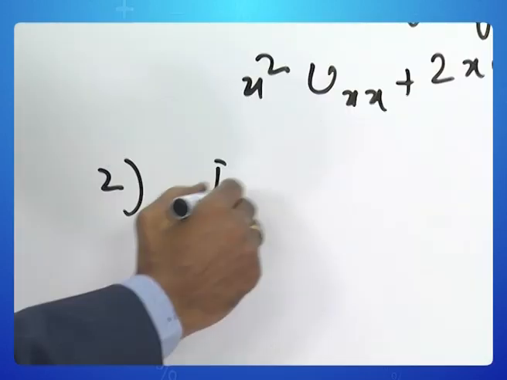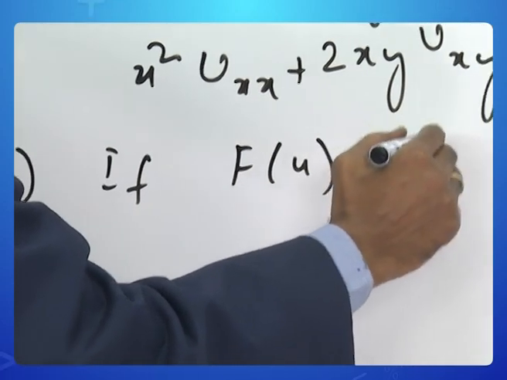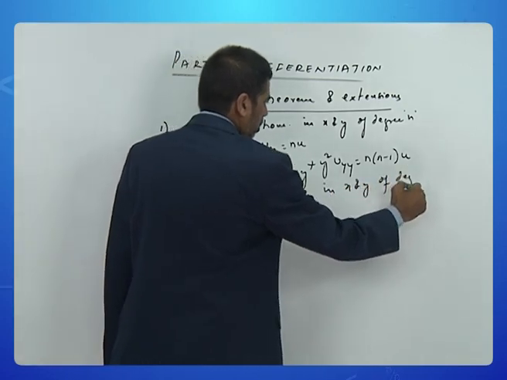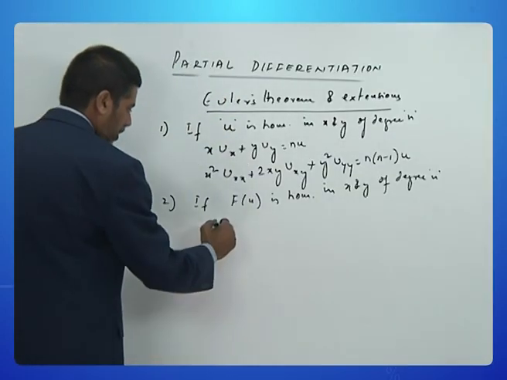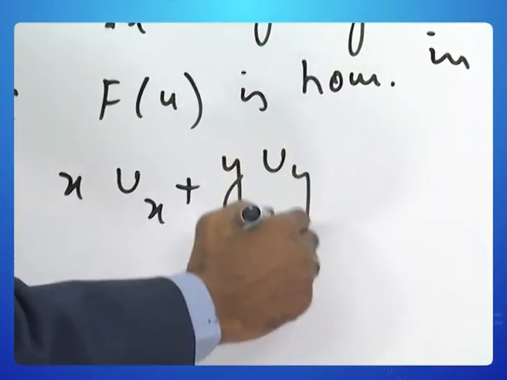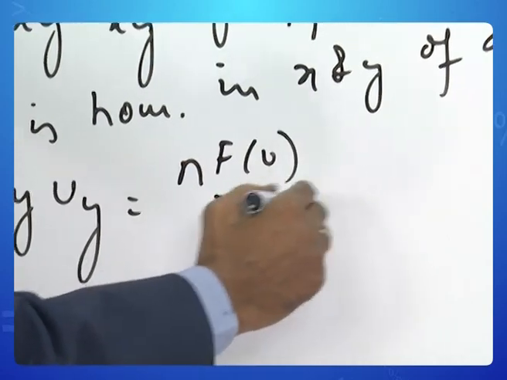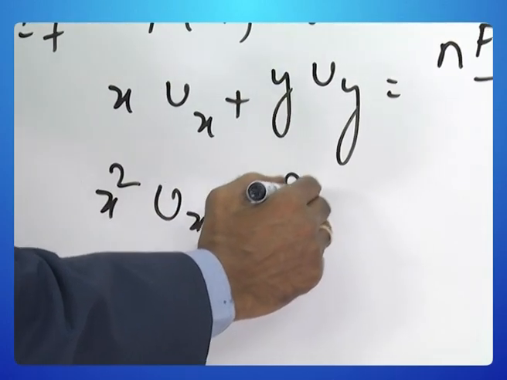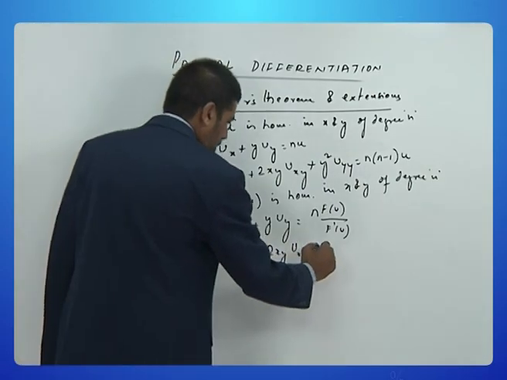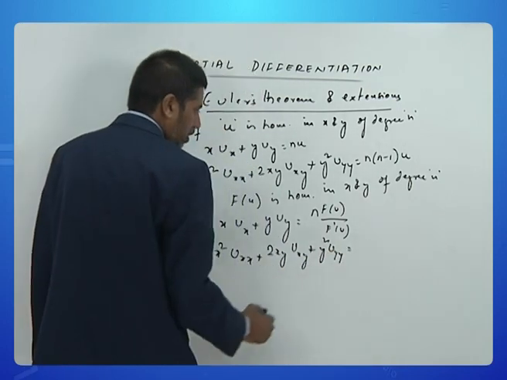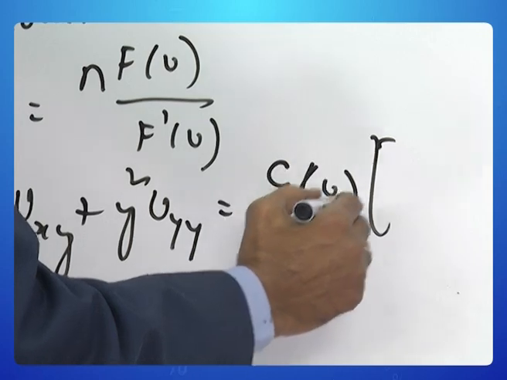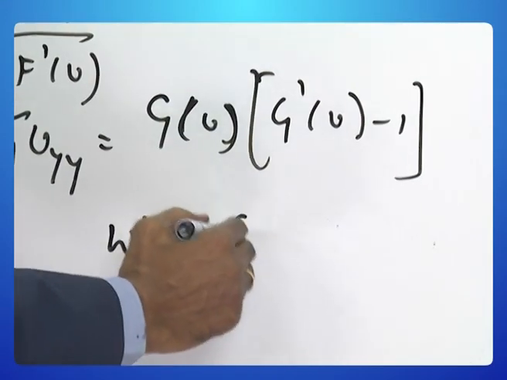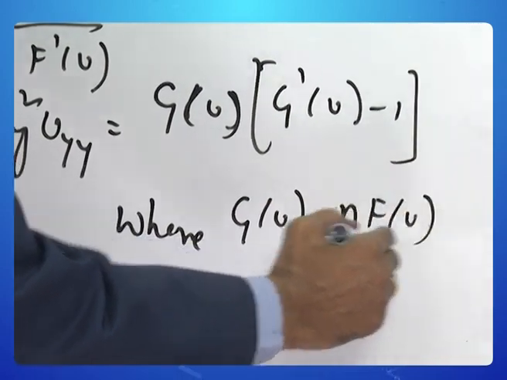We have another result which says, if f of u is homogeneous in x and y of degree n, x u_x plus y u_y is equal to n f of u by f dash u, and x squared u_xx plus 2xy u_xy plus y squared u_yy is equal to g of u into (g dash u minus 1), where g of u itself is n f of u by f dash u.